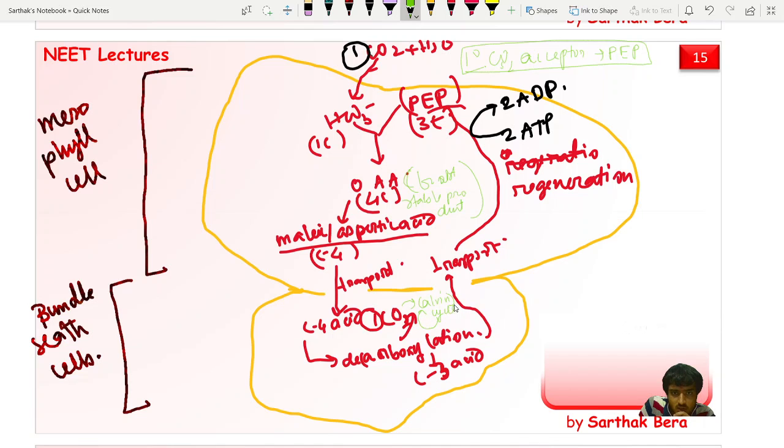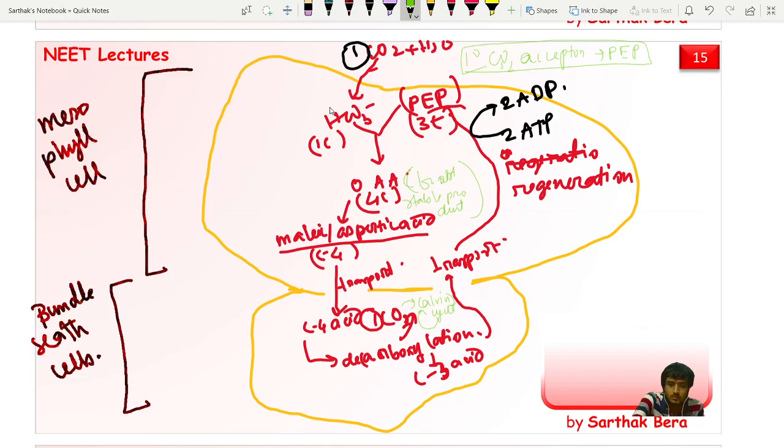So basically the Calvin cycle here occurs in the bundle sheath cell in case of C4 plant. Okay, I will be writing there in a separate page. So remember the Calvin cycle occurs in the bundle sheath cell in case of C4 plant, and the Calvin cycle occurs in the mesophyll cell in case of C3 plant. Okay, but Calvin cycle or C3 cycle is very necessary here. You have to understand it.